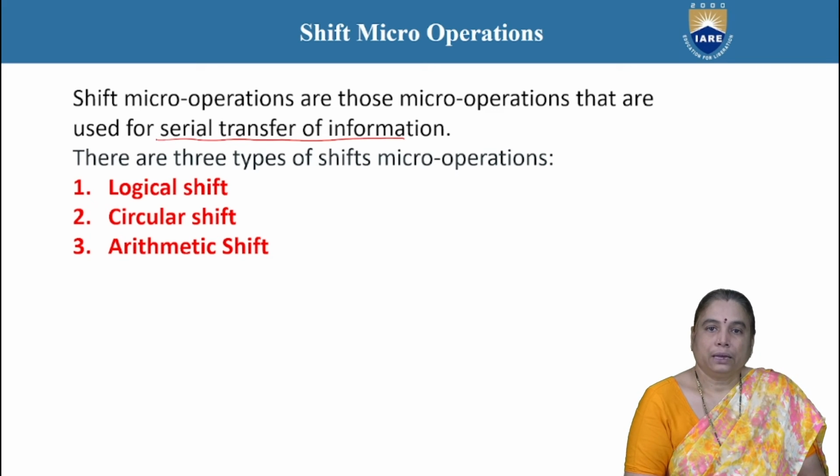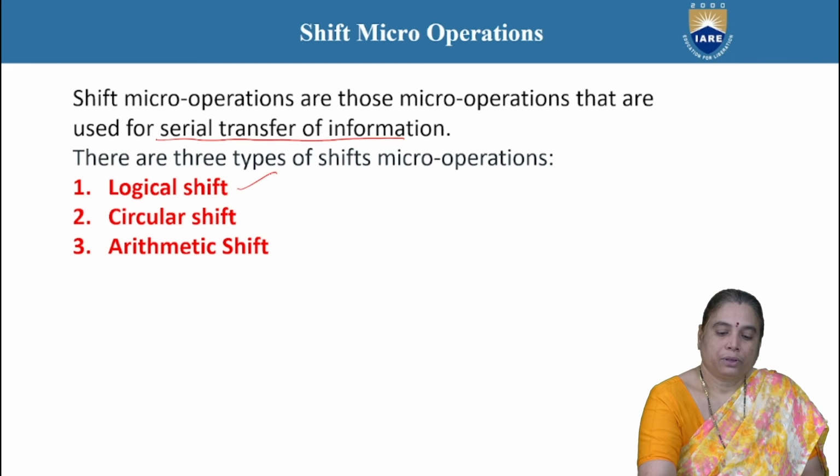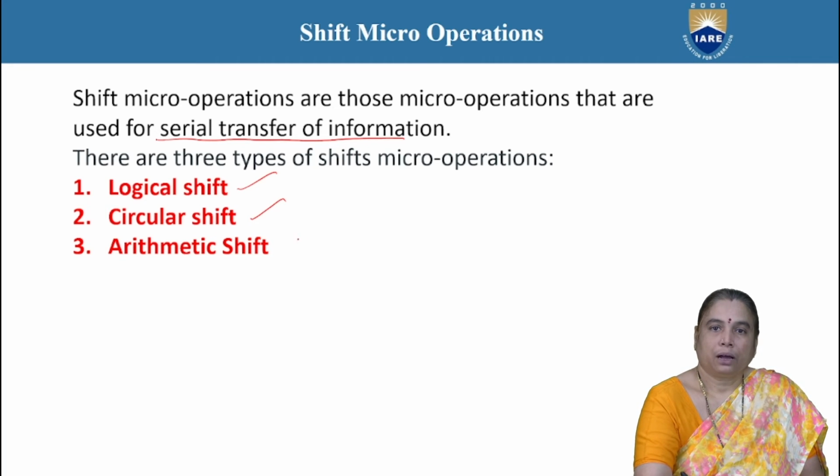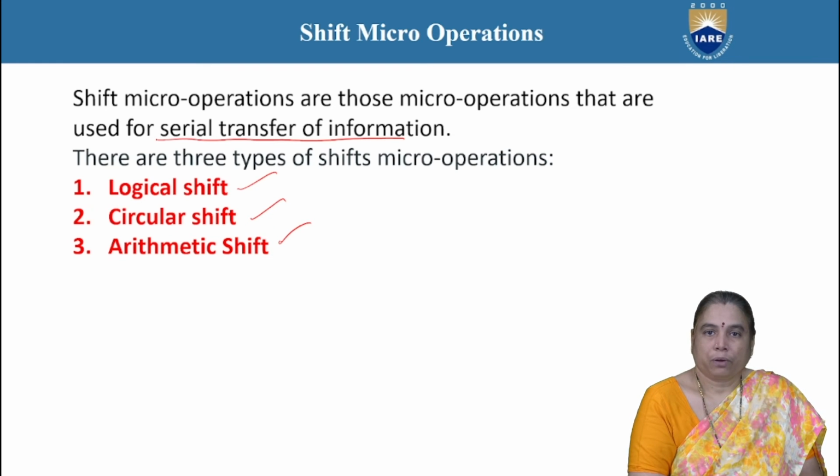During serial transfer of information, these shift micro operations can be implemented, and there are three types: logical shift, circular shift, and arithmetic shift. In each category, two varieties of shift operations can be implemented: left shift and right shift.